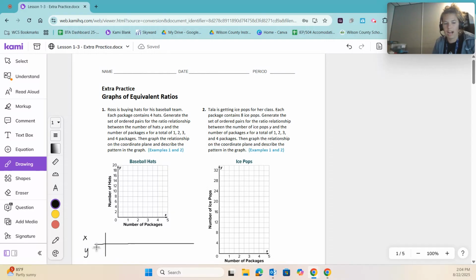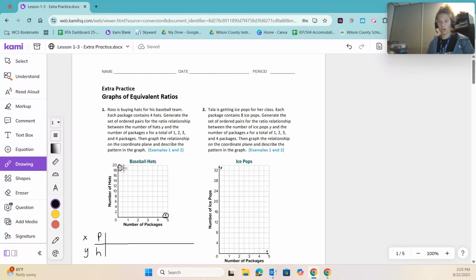So y is the number of hats, and x is the number of packages. The number of packages is on your x-axis. You can see they've got the little letters there for you in case you forget. But x is your horizontal and y is your vertical.